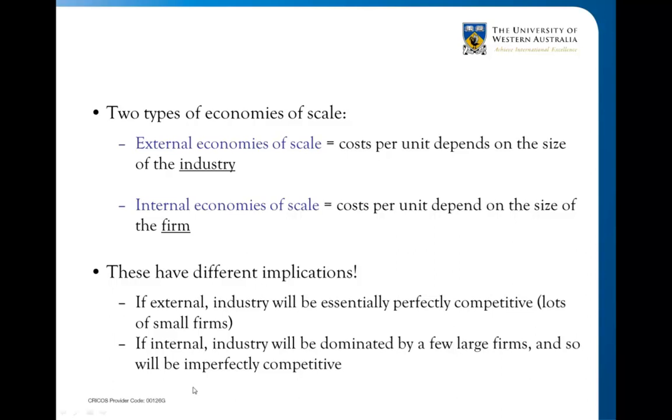But if it's internal economies of scale, what we're actually talking about here is imperfect competition, either monopolistic competition, or you can think about oligopolies as well, but essentially the industry is dominated by a few large firms. And that has implications. We will go back and redo first year micro, looking at monopolies and monopolistic competition and how that can affect international trade.